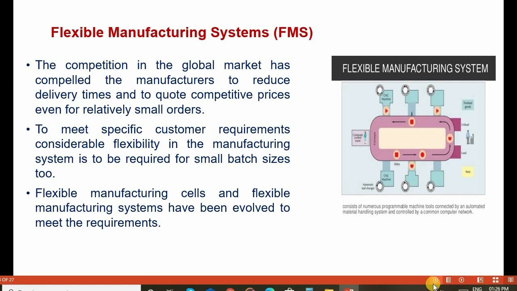Also, to meet specific customer requirements, considerable flexibility in the manufacturing system is required even for small batch sizes. Flexible manufacturing cells and flexible manufacturing systems have evolved to meet these requirements.